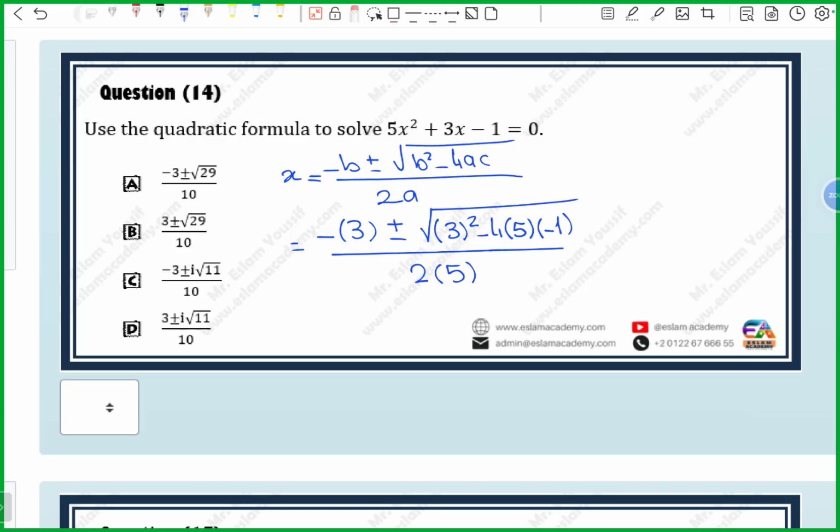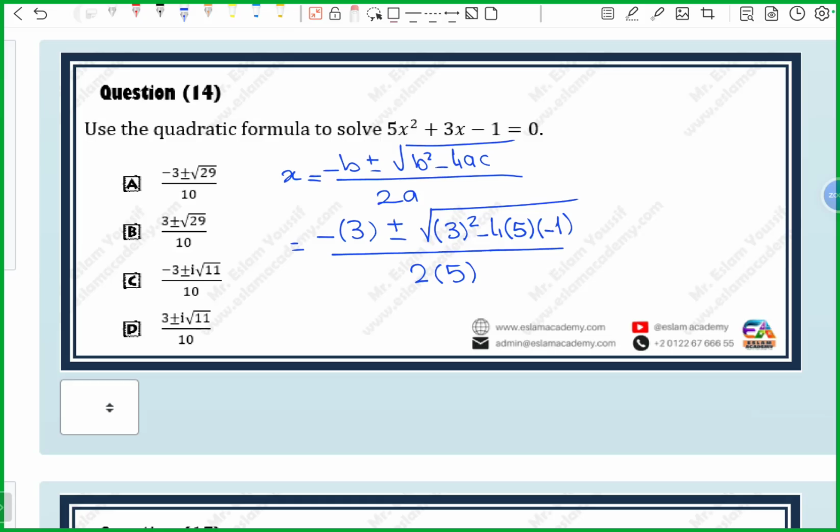Now by using substitution on the calculator, you will find the answer. Can you find the answer on the calculator, please? Is it A? Let me check. The answer is not A. Use a calculator, please, and tell me the answer.